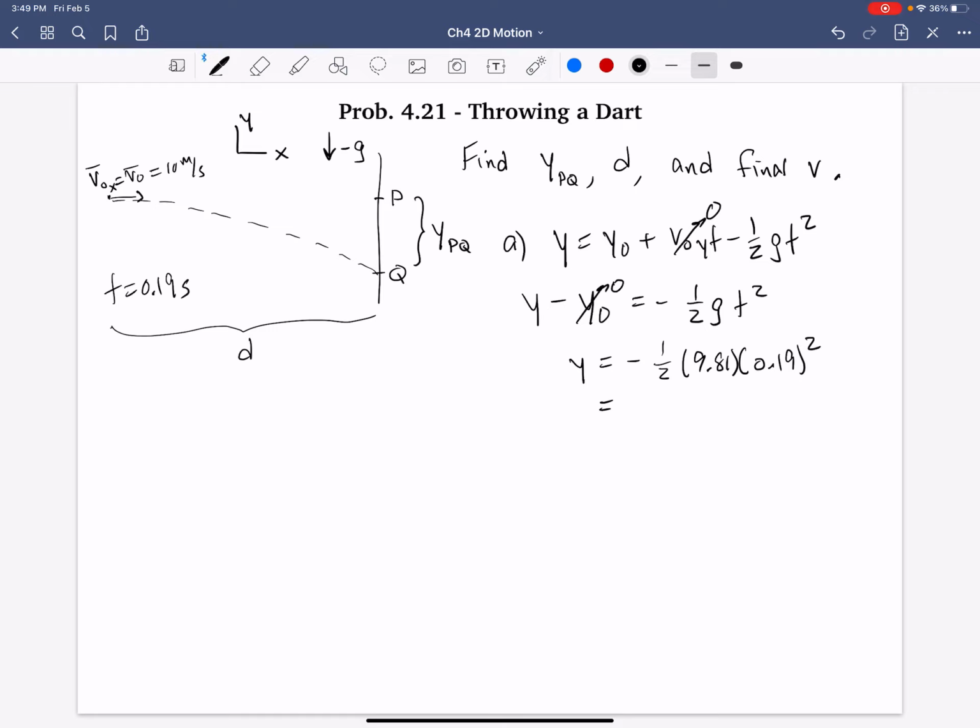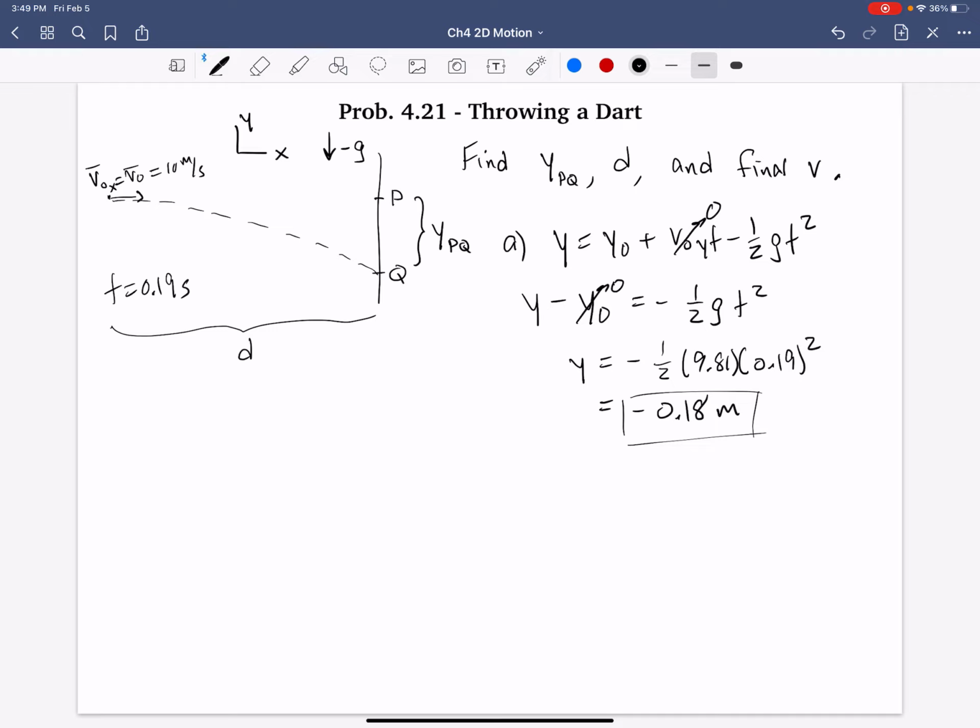And for this, we should get a value of 0.18 meters. The negative should make sense because I've specified up to be positive, and this dart falls down. So the negative makes sense. The number is a pretty small number compared to how quickly it's going, so keep that in mind. So this is our answer for part A.